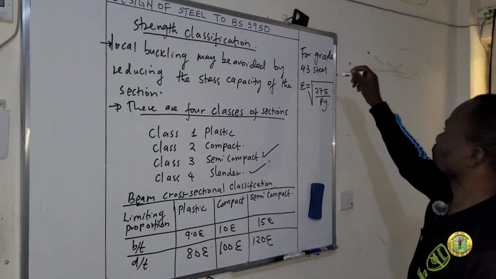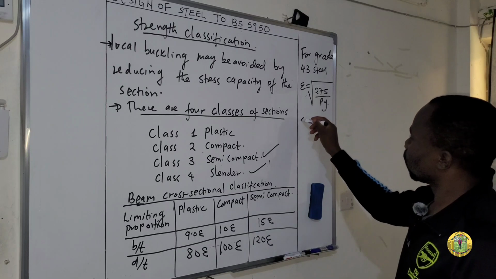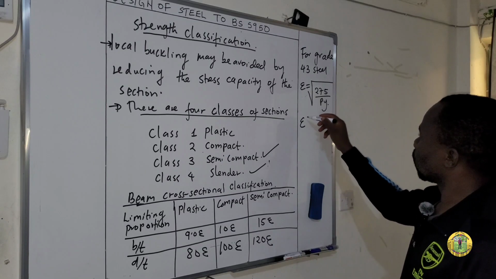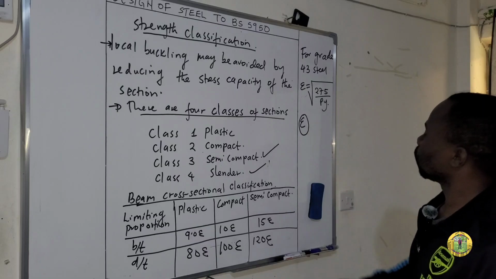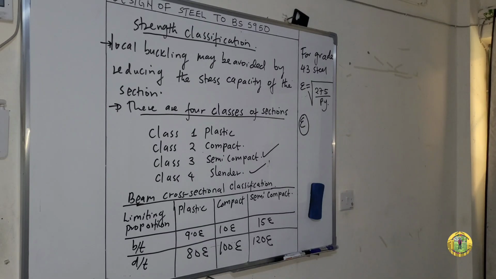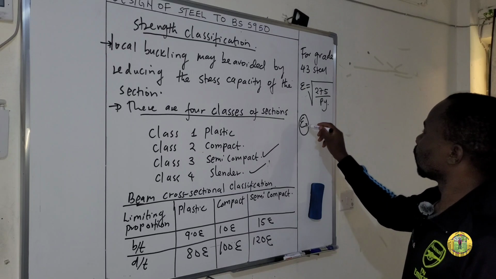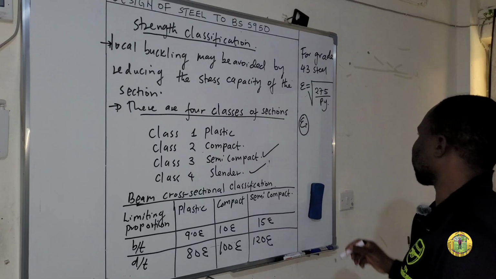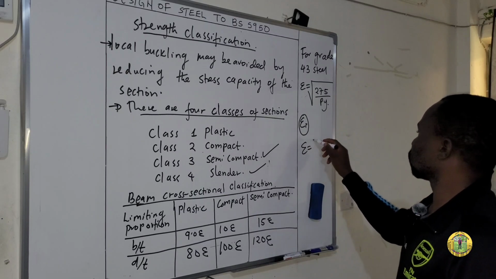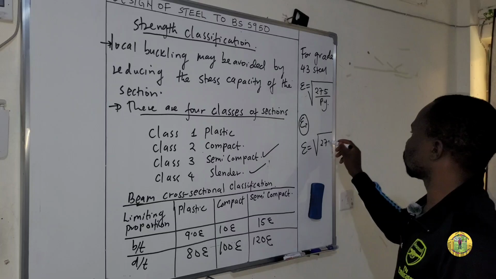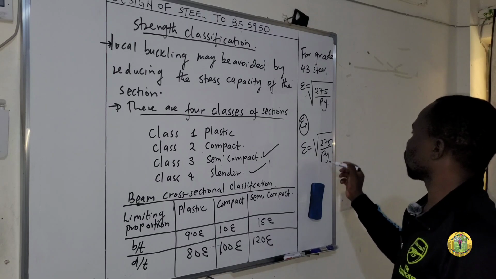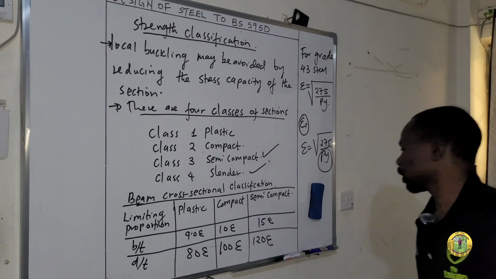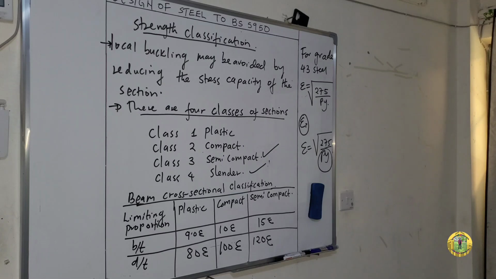For grade 43 steel, this symbol represents the strain factor, which is given by the square root of 275 over Py. Py is the strength of the steel. We'll see it in our coming example.